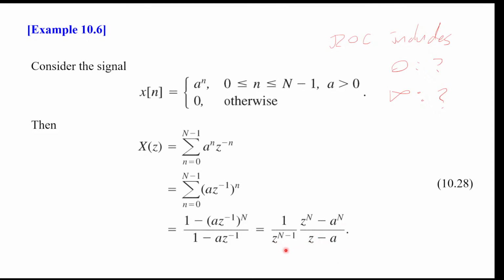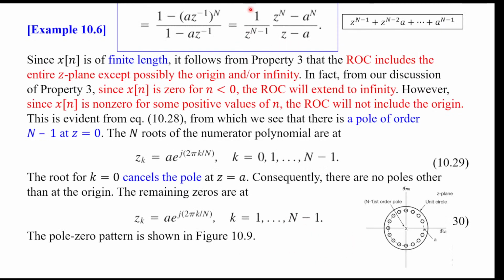We have z to the minus 1 to the Nth power, so multiplying everything by z to the N, we have z to the N minus a to the N, and downstairs we have z to the N minus 1 times (z minus a). Okay, so this is our big X of z.